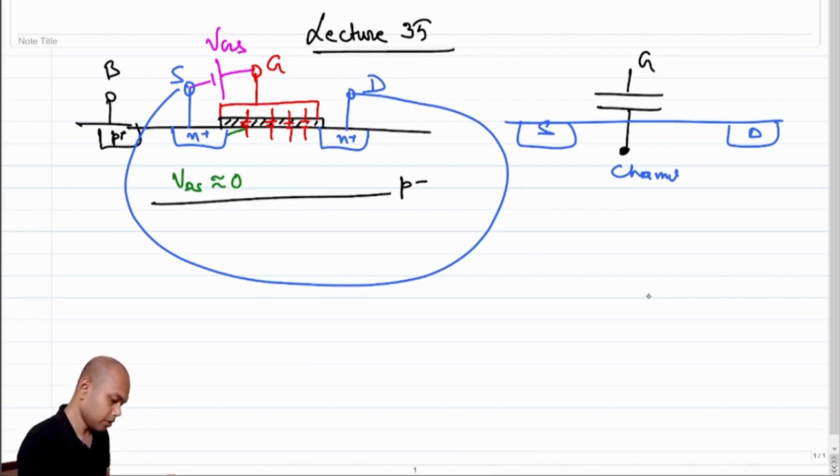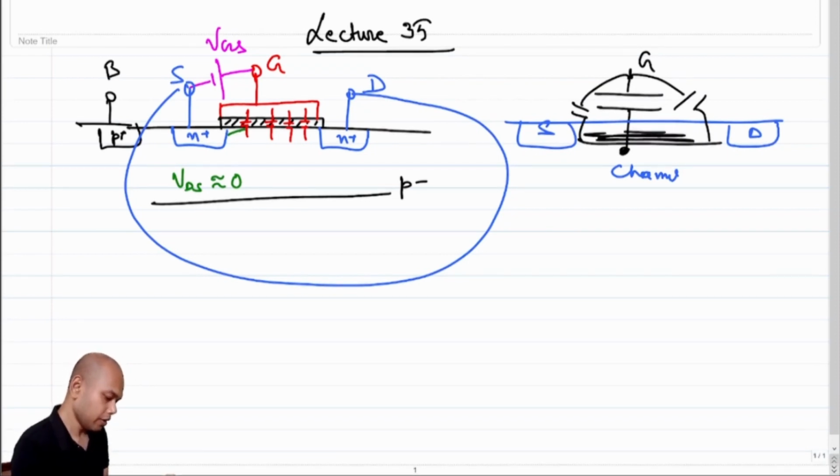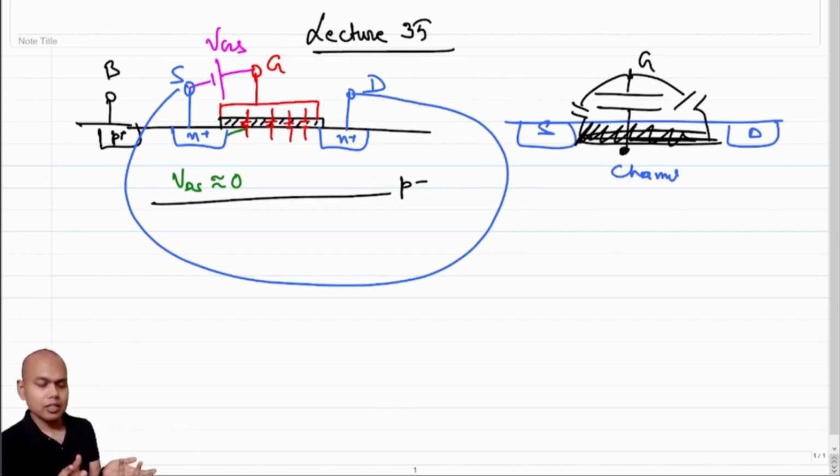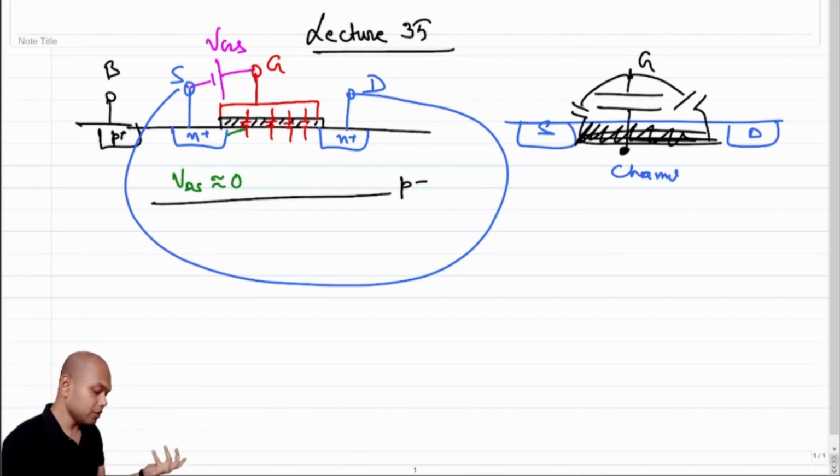So this is the distributed capacitance, and you have channel charge here. If you change the gate to source voltage, you are able to change the channel charge, right? So what is the value of this capacitance?